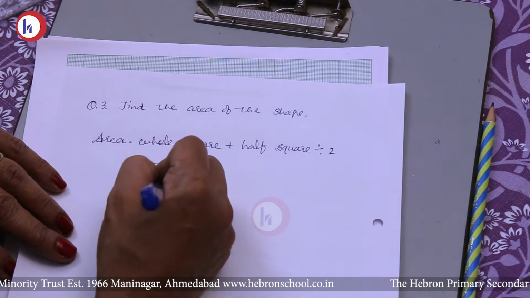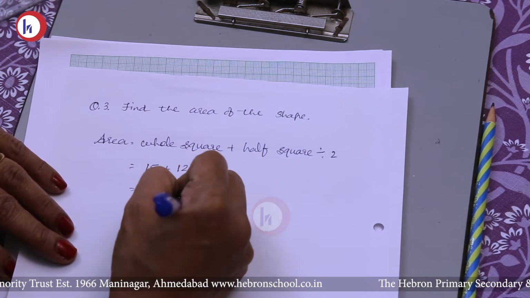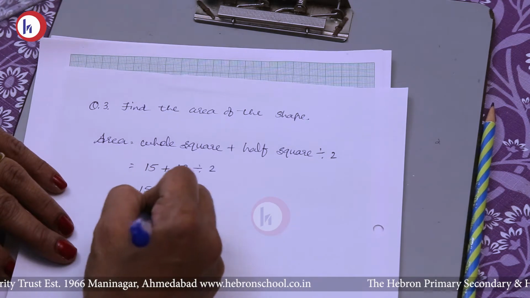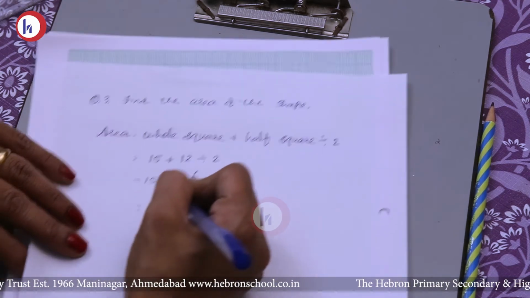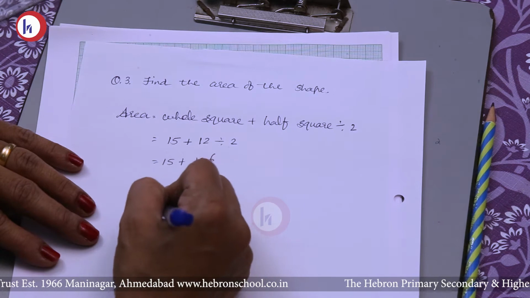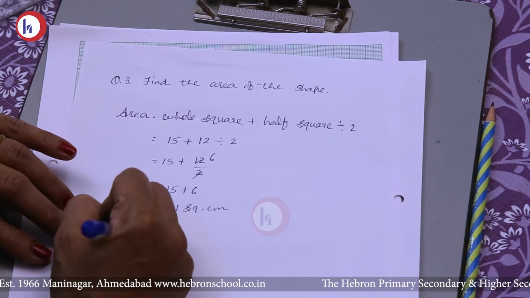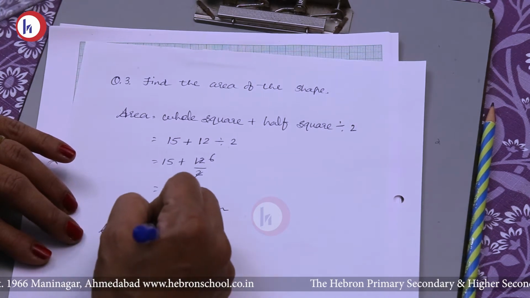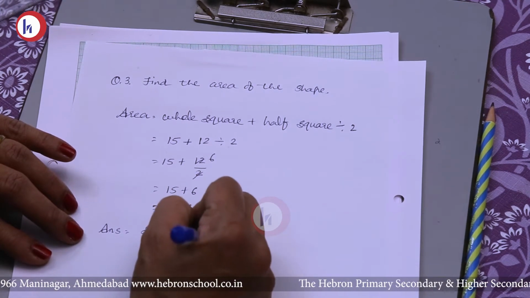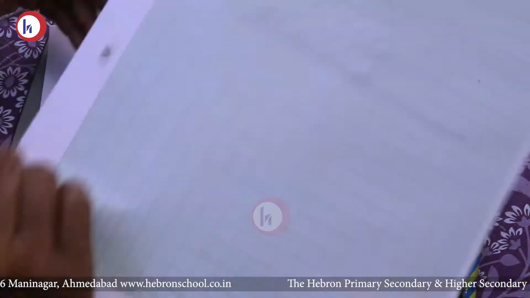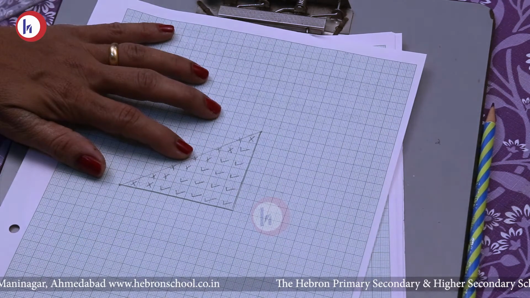So 15 plus 12 upon 2. 2 sixes are 12. That means 15 plus 6 is equal to 21 square centimeter. Answer is 21 square centimeter. See your figure properly.